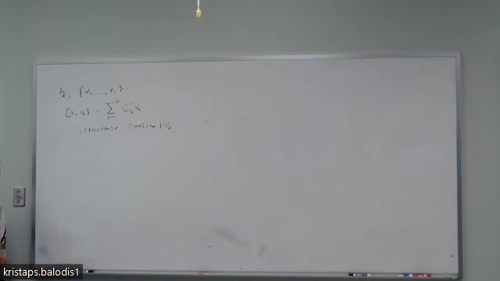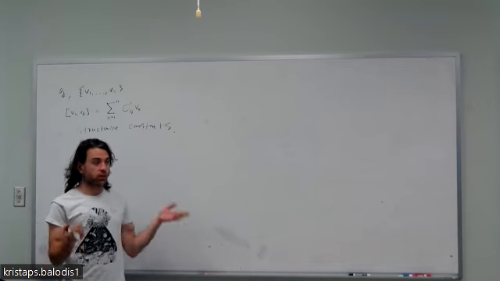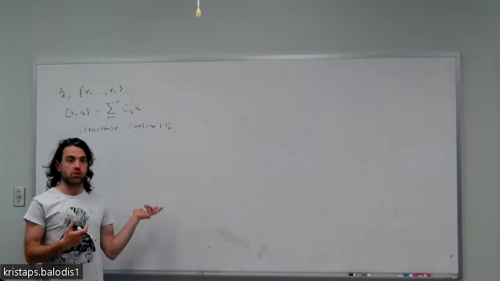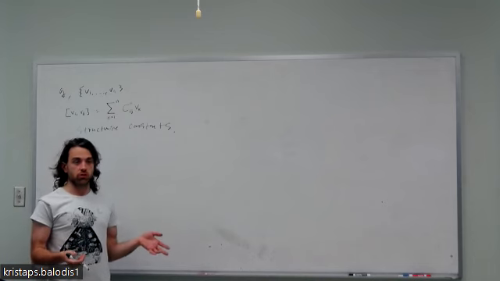And you'll notice that as you looked at the presentation, we have different bases that have different structure constants. So one set of structure constants isn't unique to a choice of basis.